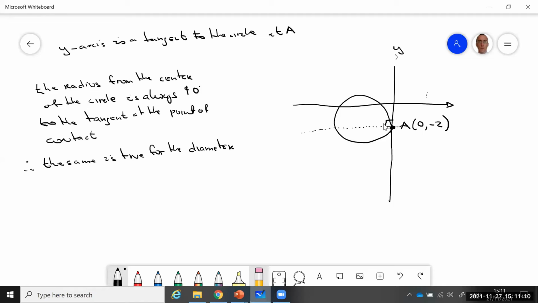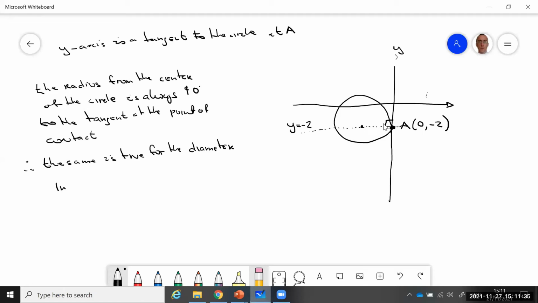So therefore, the diameter must be on the line y equals -2. So all along this line, the y coordinate is -2. Okay, so that's the diameter there, and the center of the circle is about there. So that's one piece of information. The center of the circle is on the line y equals -2.